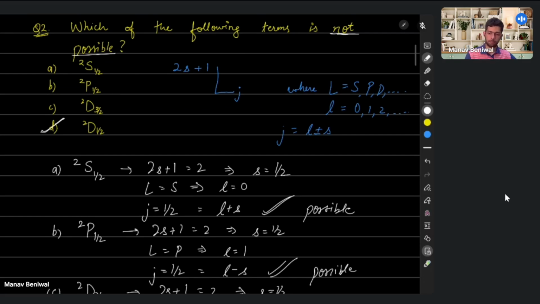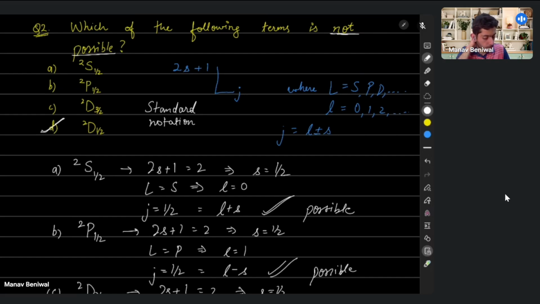So this was a pretty straightforward problem. We are given a few spectroscopic terms, S, P, D, and from comparison with the standard notation, we can extract the values of small s, small l, and small j just by direct comparison.